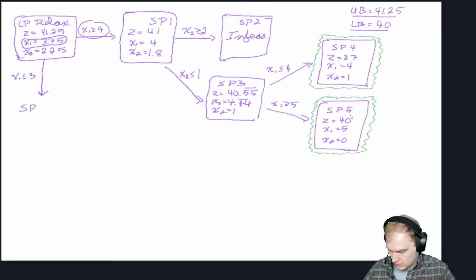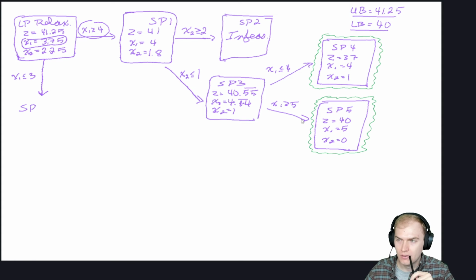We've branched this side of the tree to its conclusion. There's nowhere left for us to branch. They're either integer or infeasible, and there's nowhere left for us to branch over here.